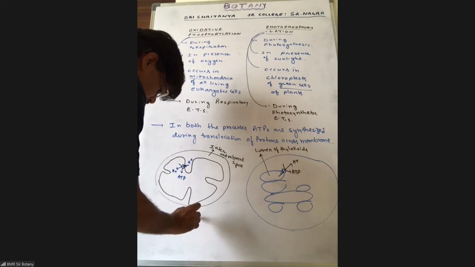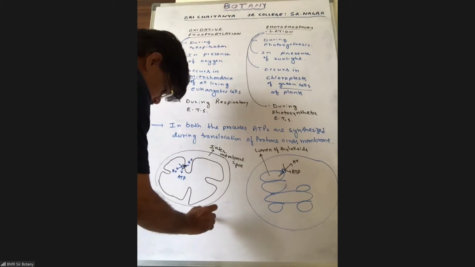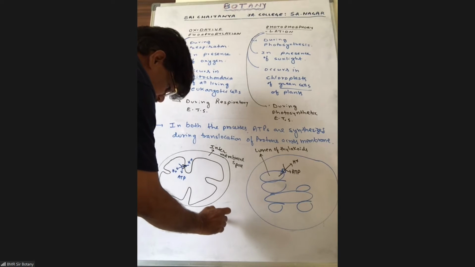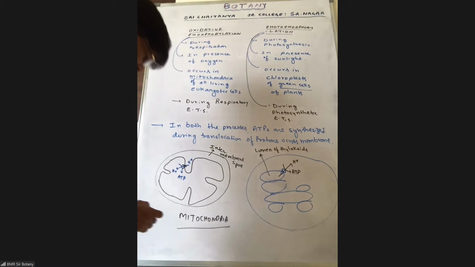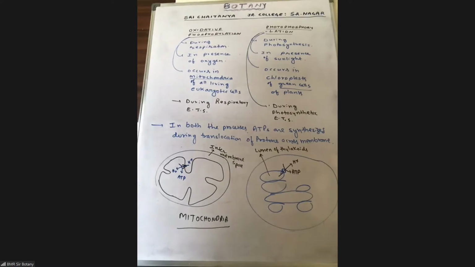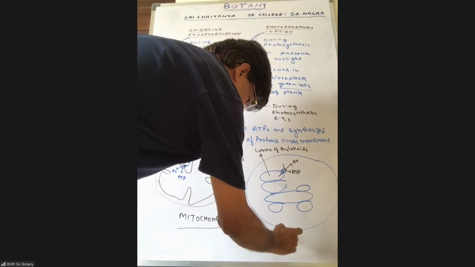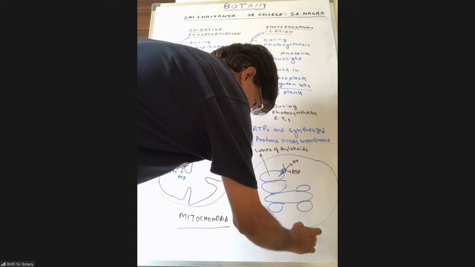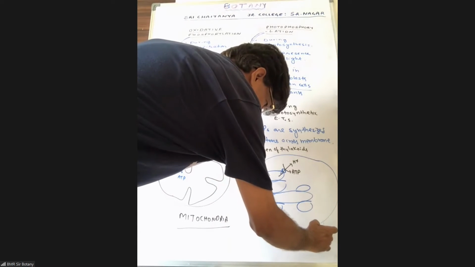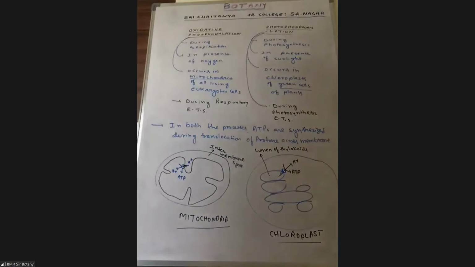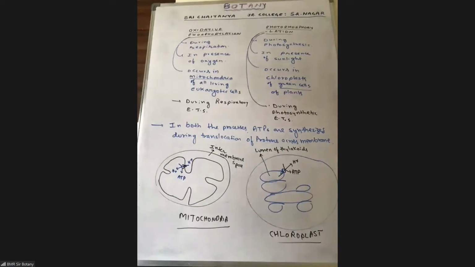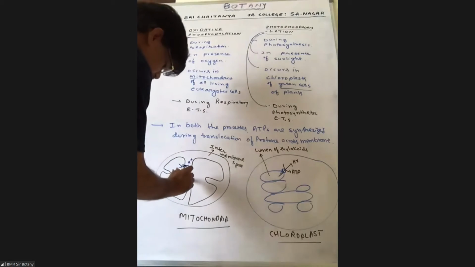Mitochondria. See the similarity in both while channeling of protons across the membrane. ATPs here are formed on matrix side.